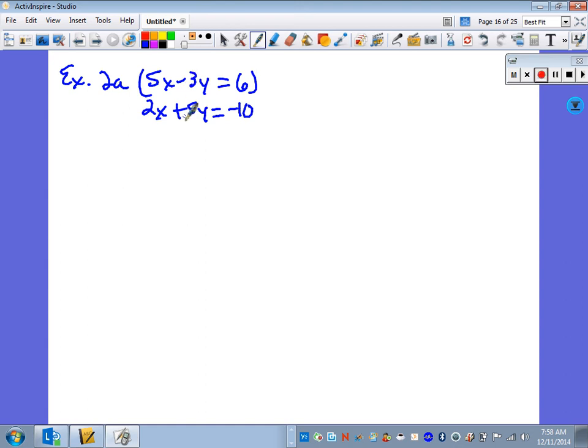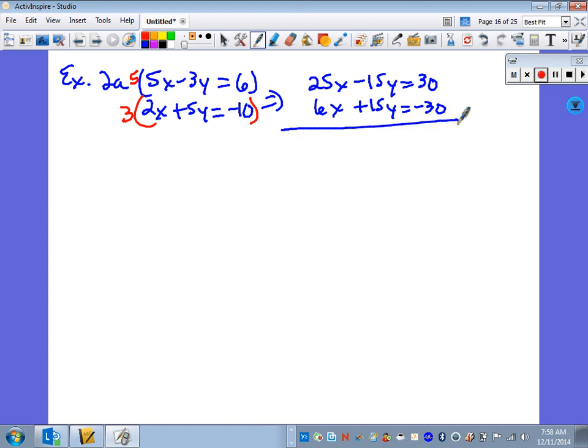So I'm going to multiply this one by 5, and I'm going to multiply this one by 3. Okay, when I do that, I'm going to have 25x minus 15y equals 30. And then on the second one, I'm going to have 6x plus 15y equals negative 30.